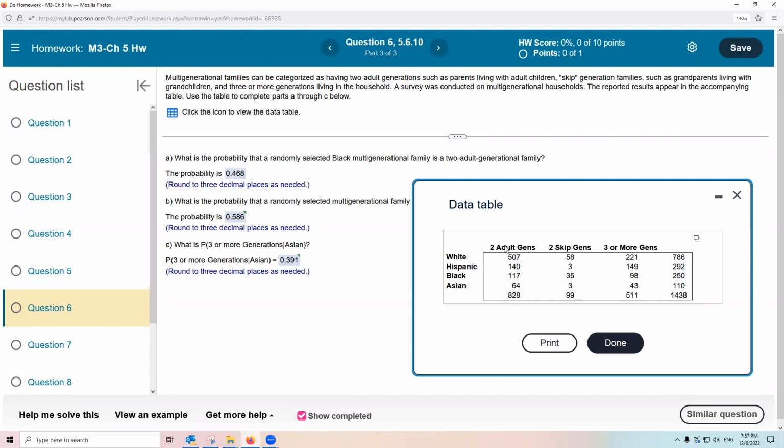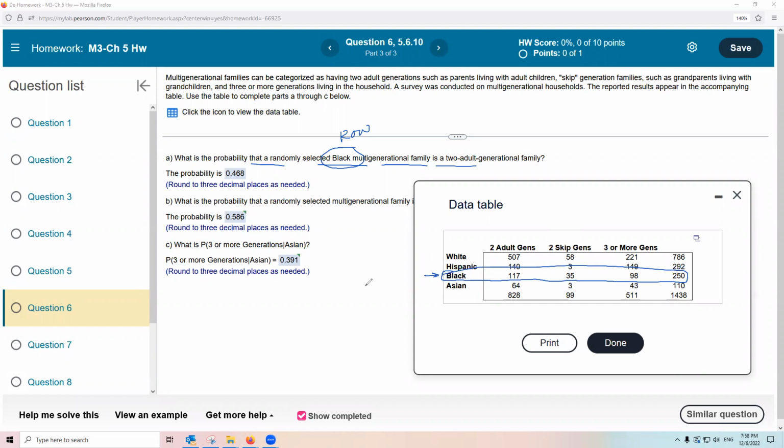All right, let's take a look at the first question. It says here, what is the probability that a randomly selected Black multi-generation family is two adult generations? And notice this is really asking me to focus just on the row for the race of Black. So they're really asking me to just focus on this row for this question.